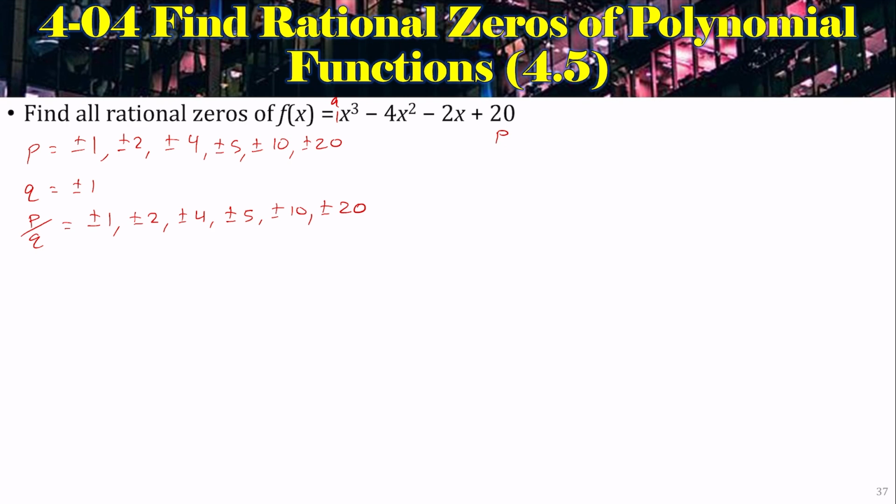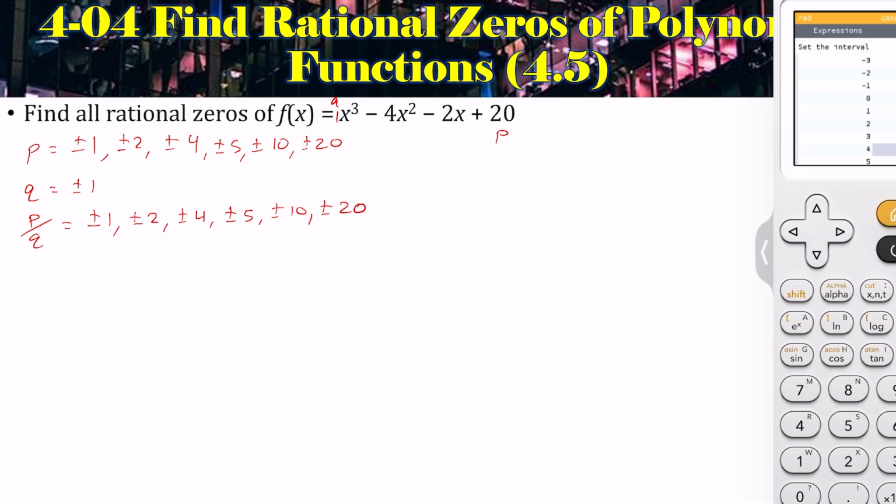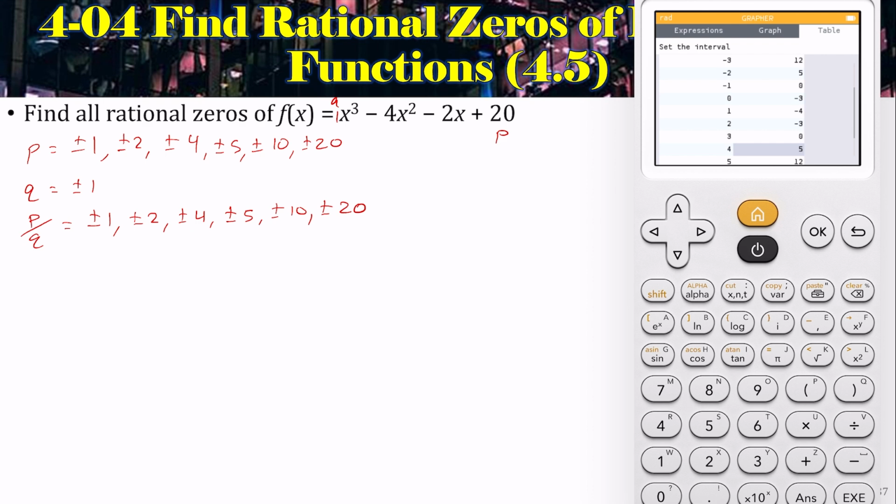All right, now we're going to do synthetic division. Now, which of these 12 choices do you want to use? Well, usually they're going to be at the smaller end of the spectrum, but to help, we could use a graphing calculator. So go home, pick grapher. Let's put in a new expression.